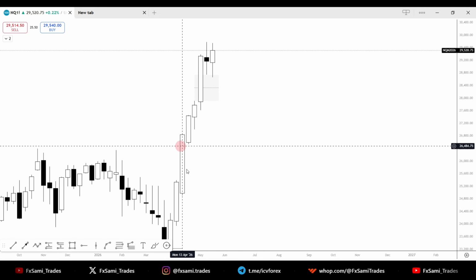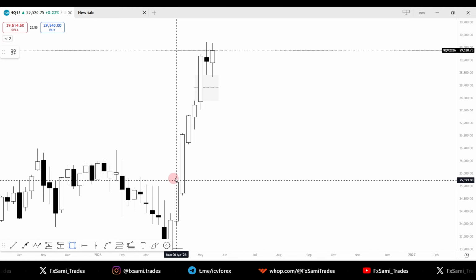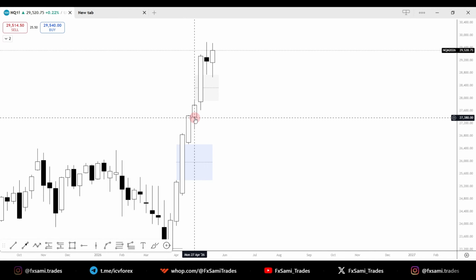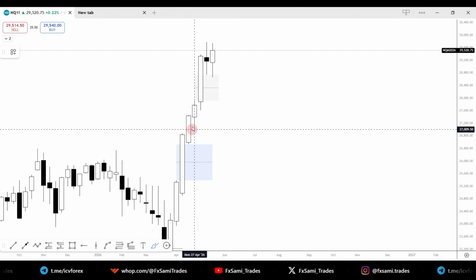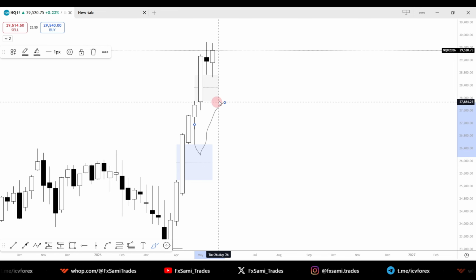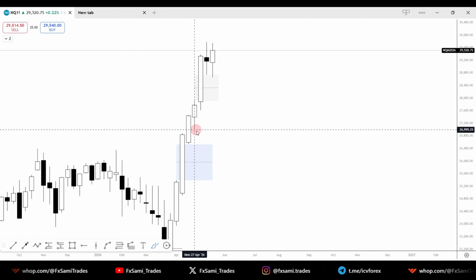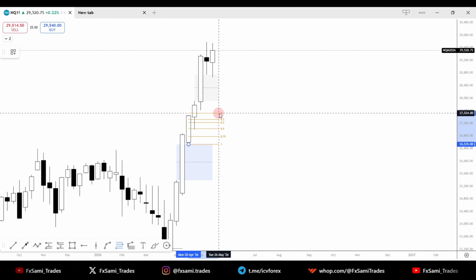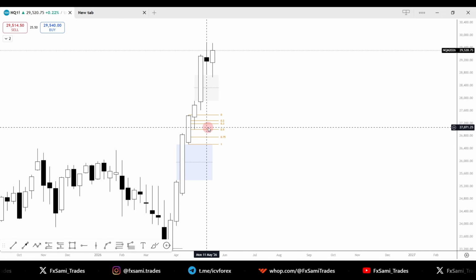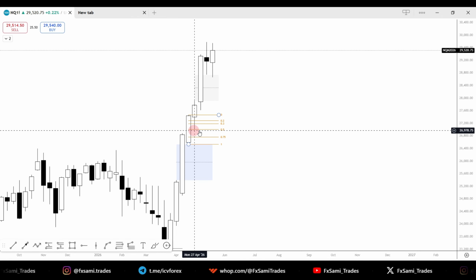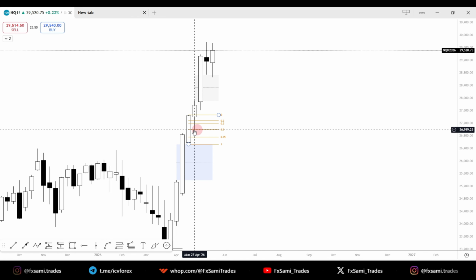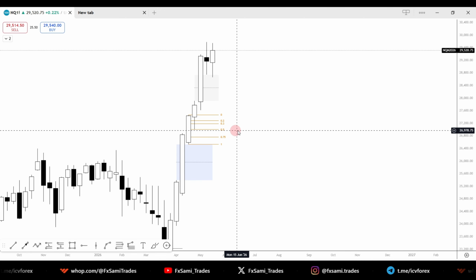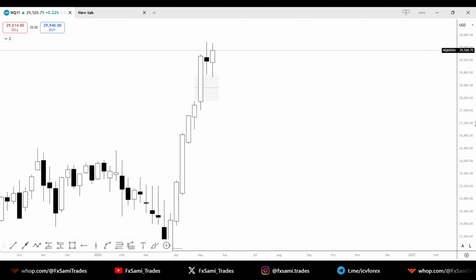Some people here would be searching for a trade back down into this weekly gap to be like, okay, when it taps into this, we're gonna be longing. But no, what is price really doing? What is the algo really doing? Retracing into the previous week ranges. Right here, as you can see, the 50%, how beautifully it tapped into it and continued higher. So this repeats over and over again.